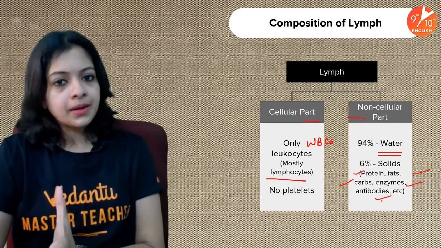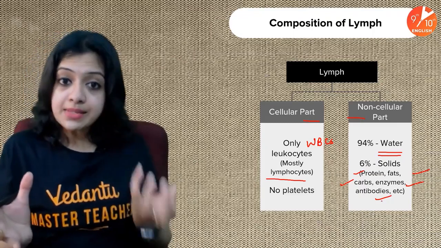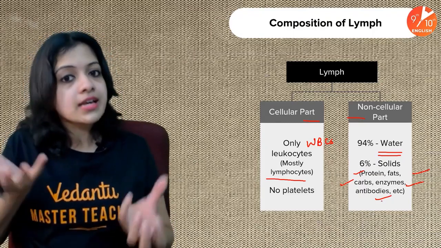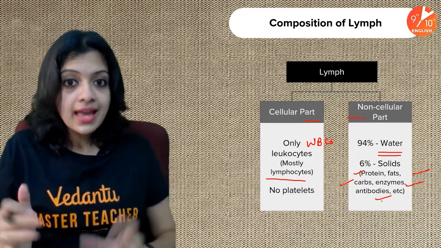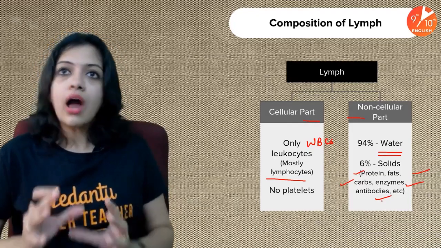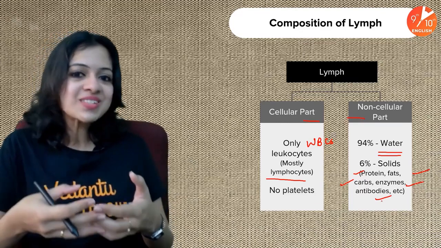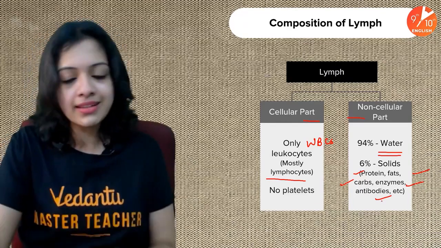All of these together are what you would find in lymph. So lymph is similar to blood because it's also a circulatory fluid, but its role is different, or rather, I wouldn't say completely different, they are very good friends working closely in association with each other, blood and lymph.